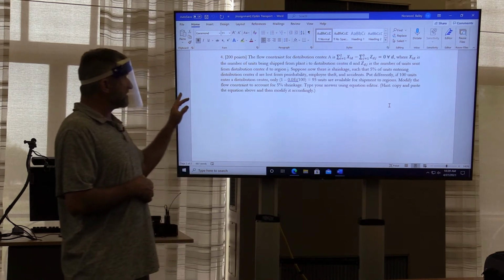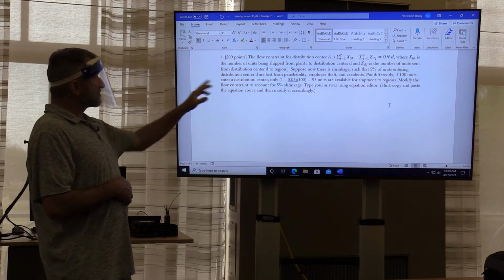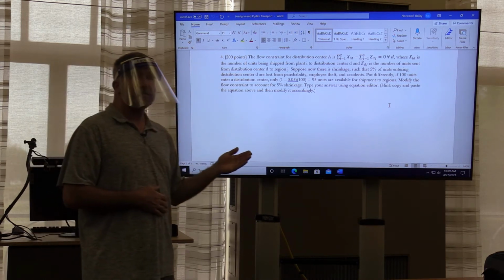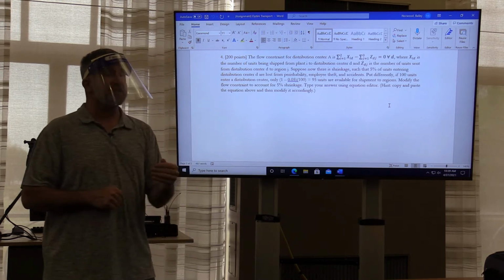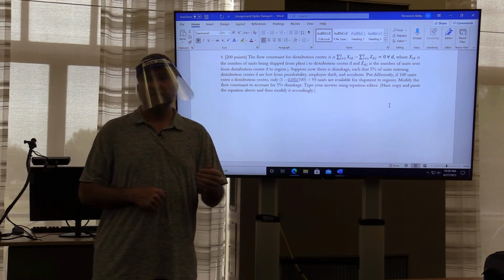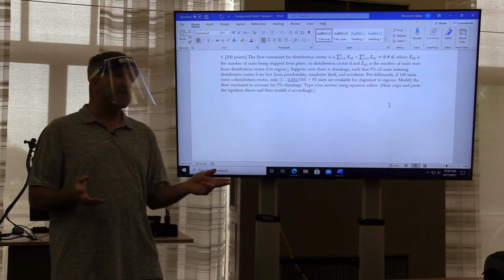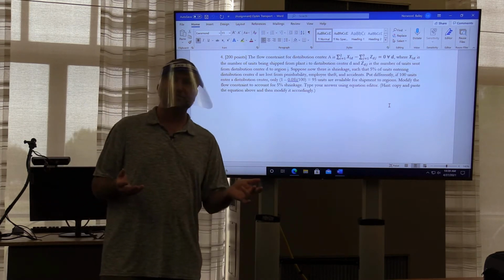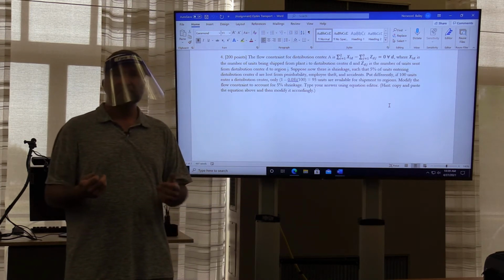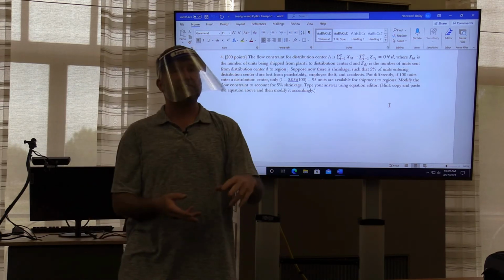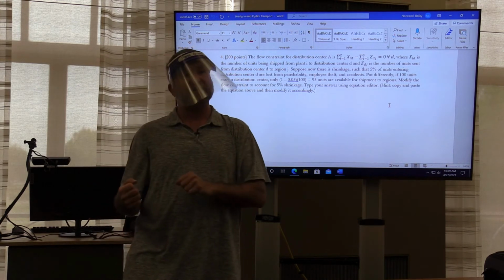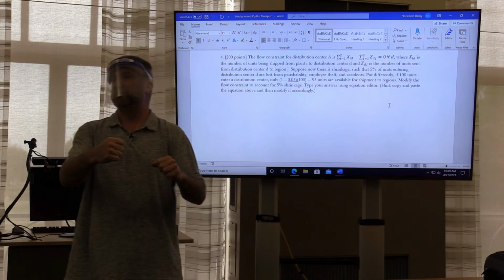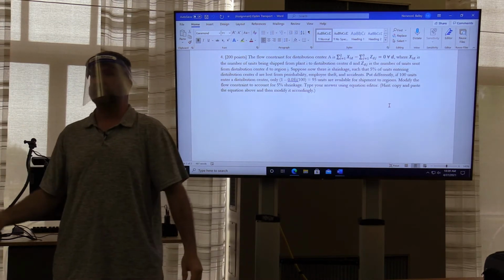And what I'm saying here is that there's 5% shrinkage, such that 5% of the units entering any one distribution center is now lost due to employee theft, due to accidents, due to perishability. And so of all the stuff that goes into a distribution center, only 95% is available to leave the distribution center to go to the regions.